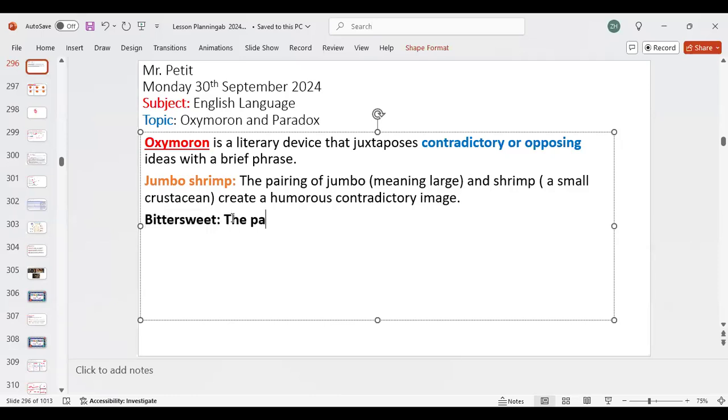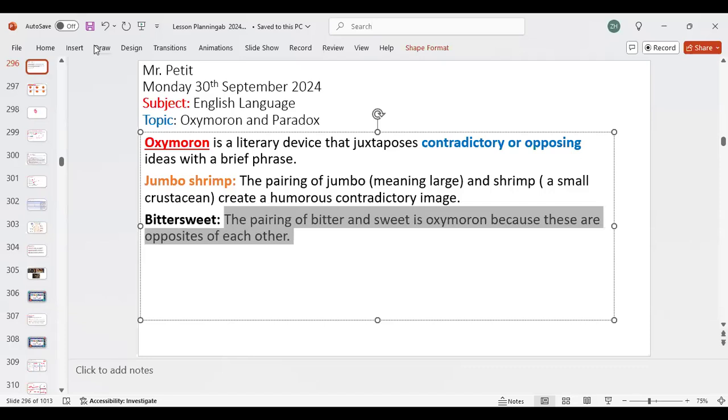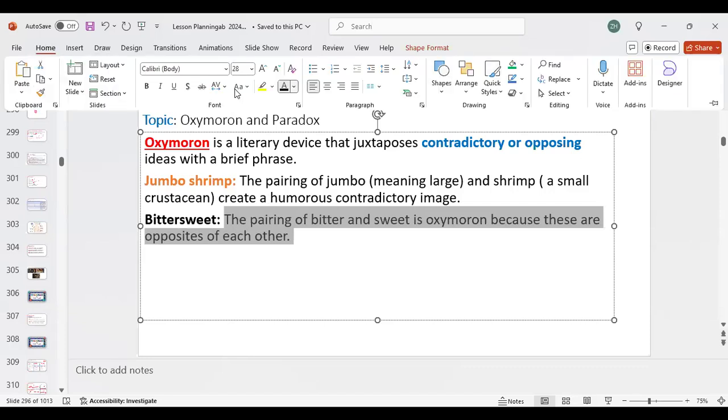So the pairing of bitter and sweet is an oxymoron because these two are opposites of each other, but you're putting them together.